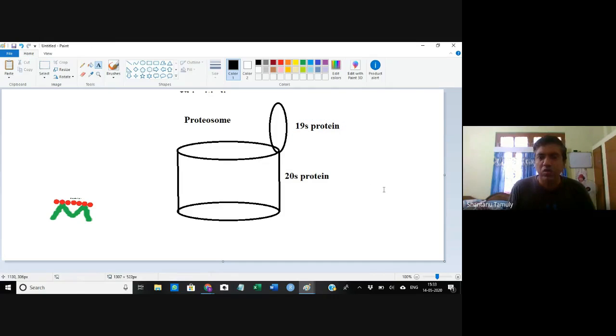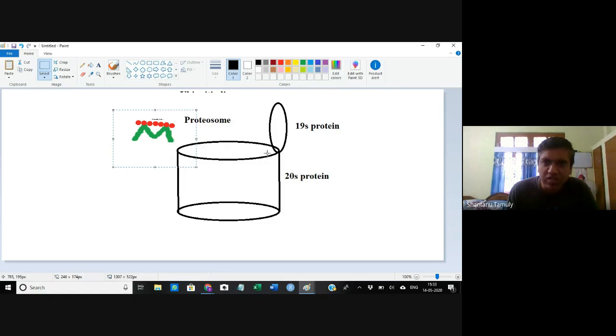Now this ubiquitinated protein enters the proteasome. How will it enter? Only those proteins that have ubiquitin can enter the proteasome. Without ubiquitin, it will not enter. Once it enters, the proteasome has protease-like activity.